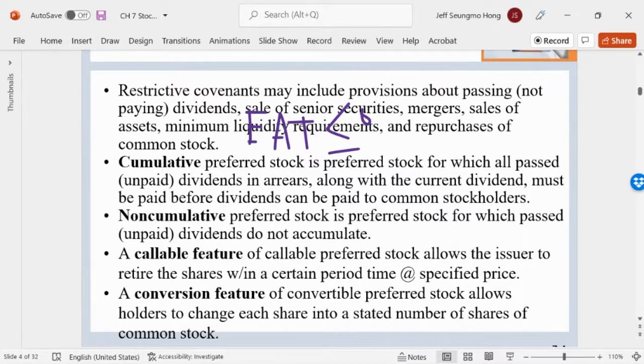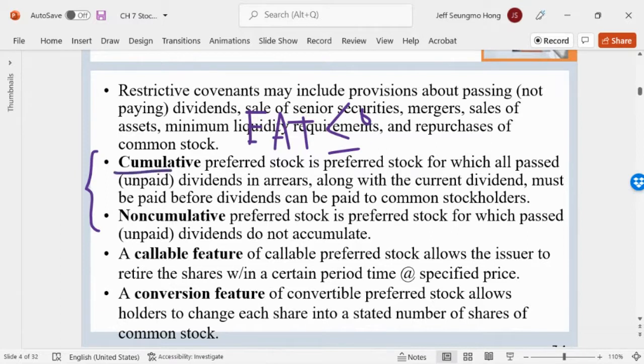But once they skip the dividends, what do they do? Do they forget about it? There are two types. One that can forget about it, another that cannot.